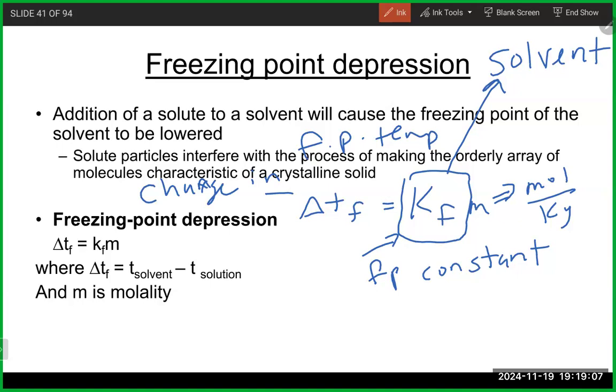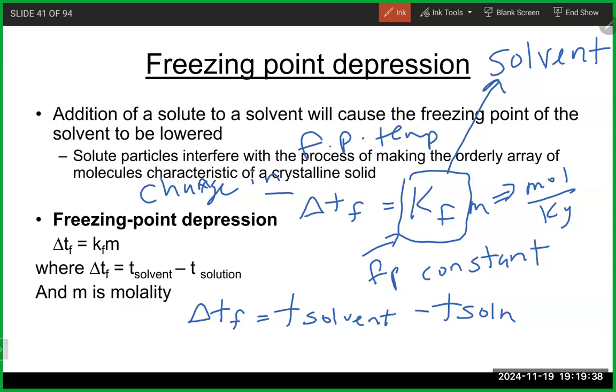Now, because the freezing point in this case is lower than it is in the solvent by itself, to find the change in freezing point temperature, we take the temperature of the solvent, which is going to be a higher number, minus the temperature of the solution that has stuff dissolved in it, and that will give you the correct way. So you definitely want to do solvent minus solution here.